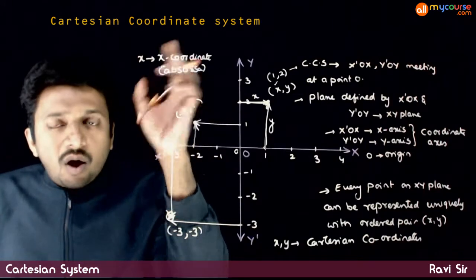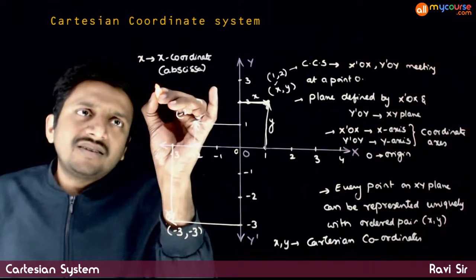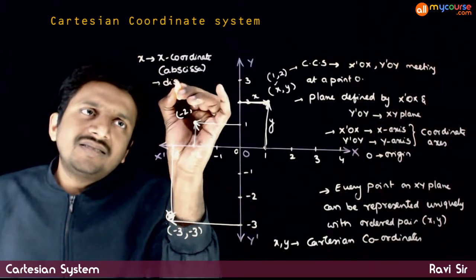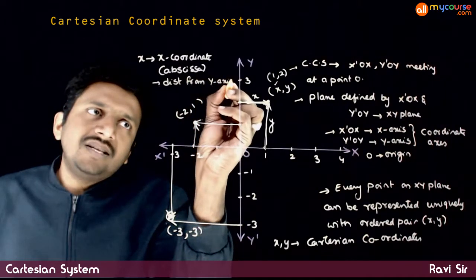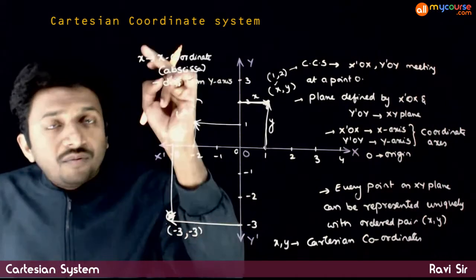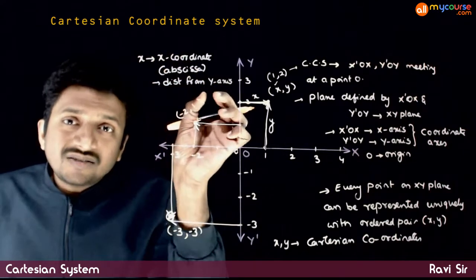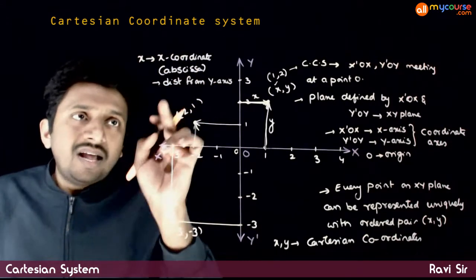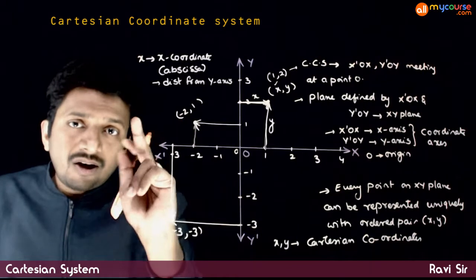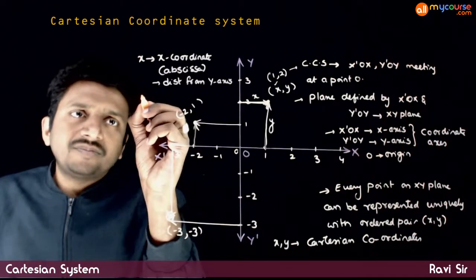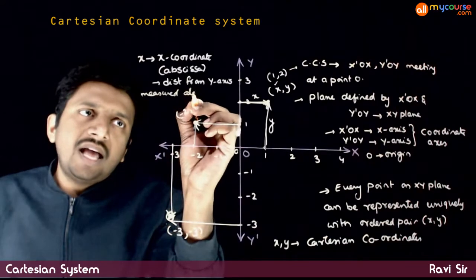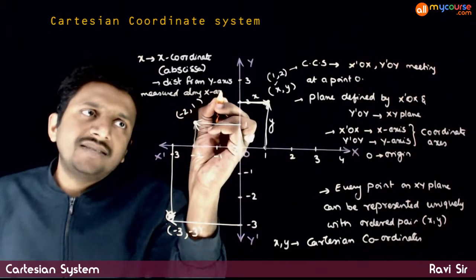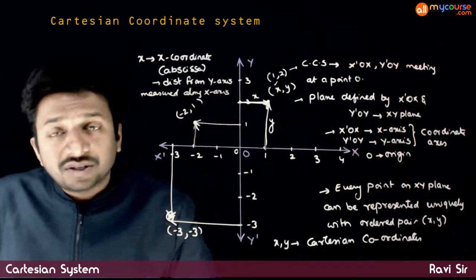So abscissa or x-coordinate is defined as the distance from the y-axis. If you want the x-coordinate, you want the distance from the y-axis, measured along the direction of the x-axis.